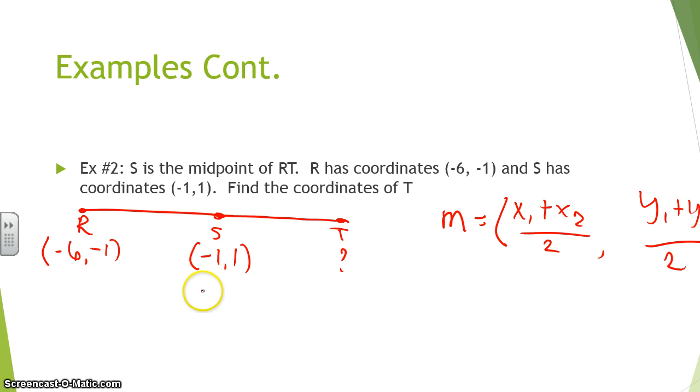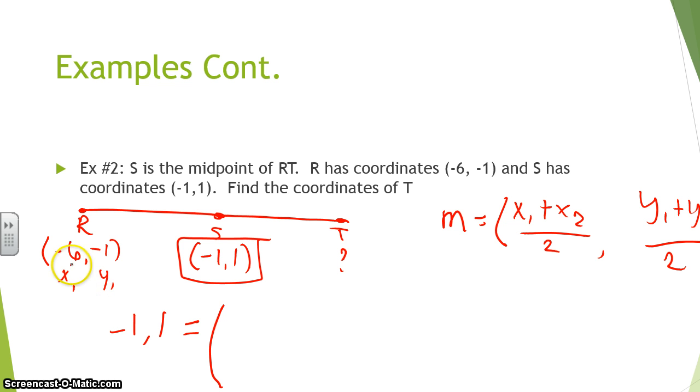We have my midpoint, which is this. So I'm going to write this out as (-1, 1) equals, using the formula, my x1. Do I have my x1? I do, that's -6. So my x1 is -6 plus my x2. Do we know my x2? We do not.